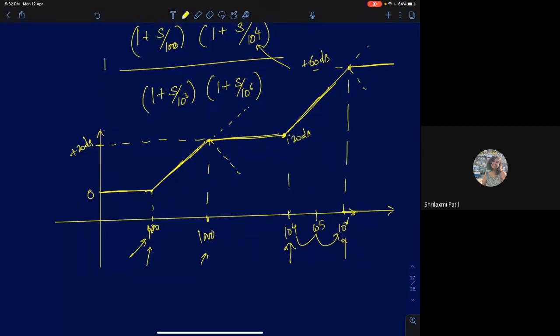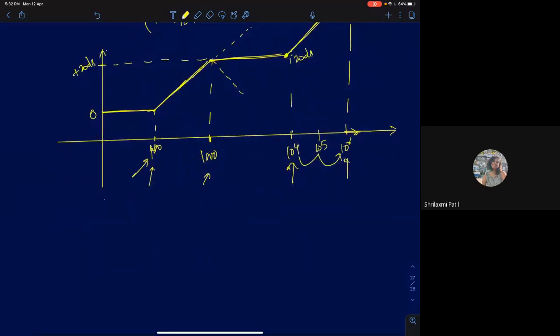Now we will try to draw the phase response. Before we draw the phase response, keep this point in mind: the maximum phase shift that a 0 can introduce depends on whether it's a right of plane or left of plane 0. Since we are speaking only about left of plane zeros now, the maximum phase shift a left of plane 0 can introduce is plus pi by 2 or plus 90 degrees.